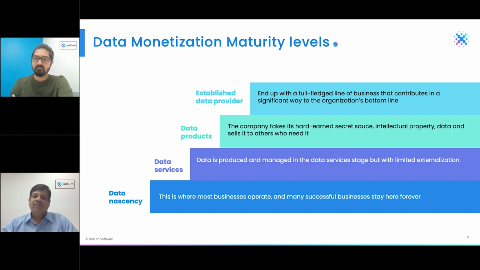They built a full-fledged line of business themselves, which contributes in a significant way to the organization's bottom line by providing the data to external vendors, sharing the data, building subscription models around it, or making the data a service. So there are various ways that these vendors are operating, and they are making sure that the data is being monetized, right? So there are different levels of maturity that an organization has to go through in the monetization journey.